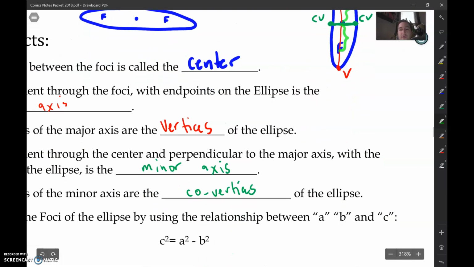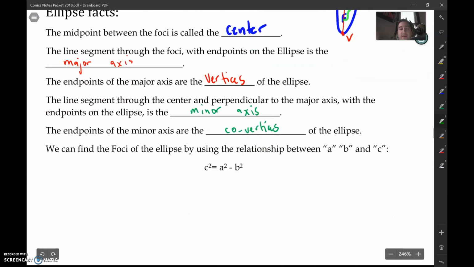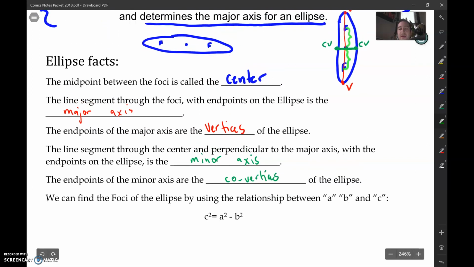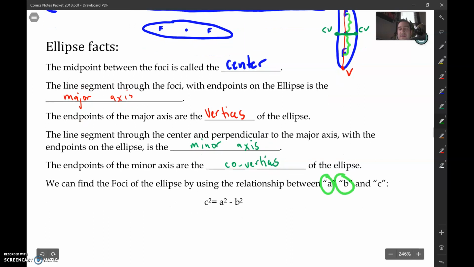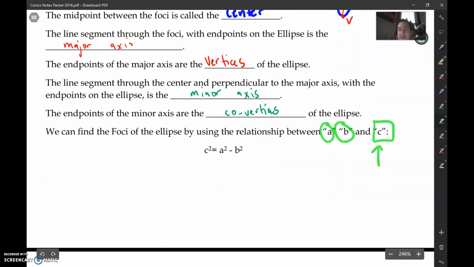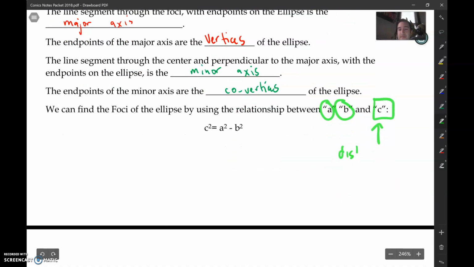Well, we use a little formula that we're familiar with, but we put a spin on it. We can find the foci by using the relationship between a and b, from your major and minor axis, to find c. c is the distance. If we had to give a definition to c, it's the distance from the center to the foci.